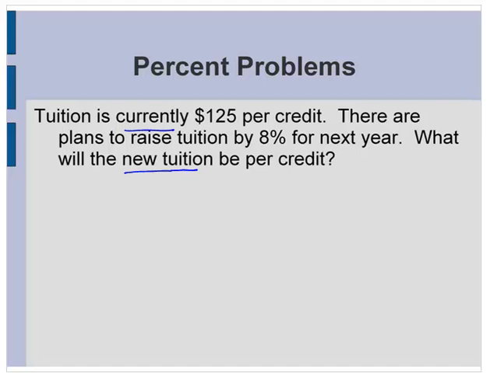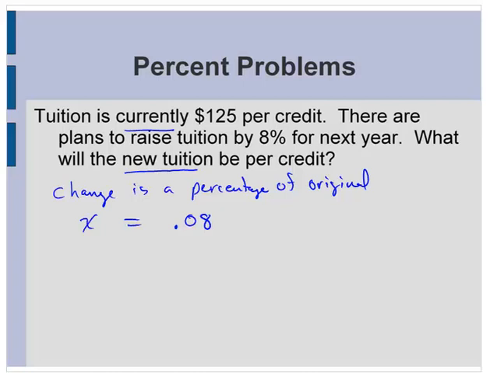I'm going to use the same idea from the previous one, that the change is a percentage of the original. We don't know the change in this case, so let me call that the x. The percentage is 8%, which I will write as the decimal, 0.08. The original is 125.